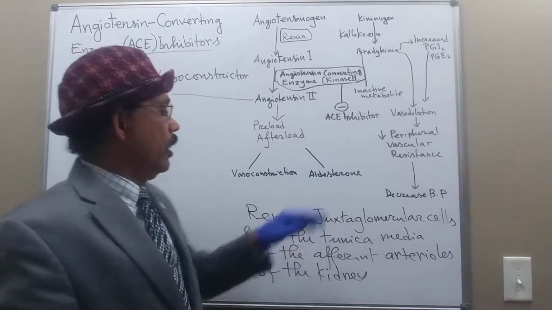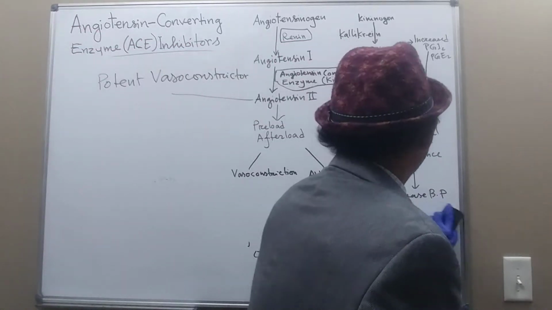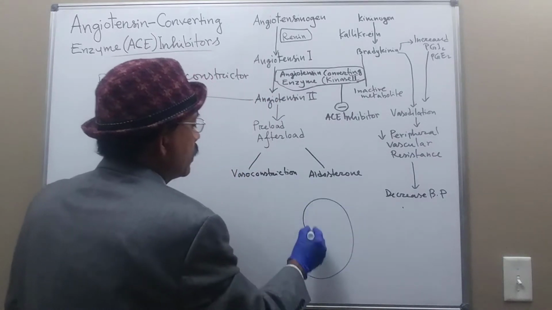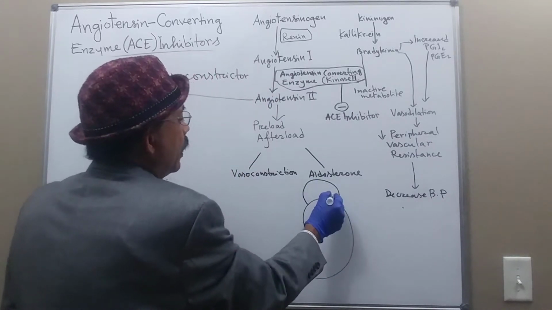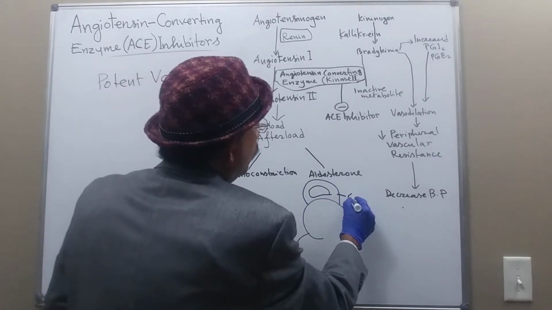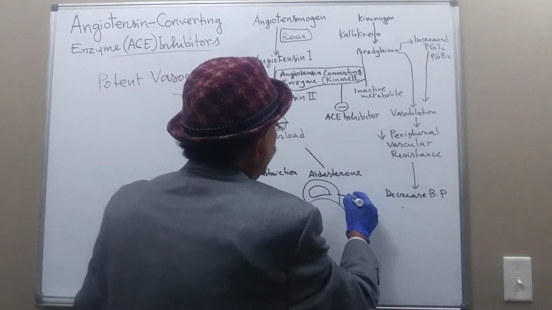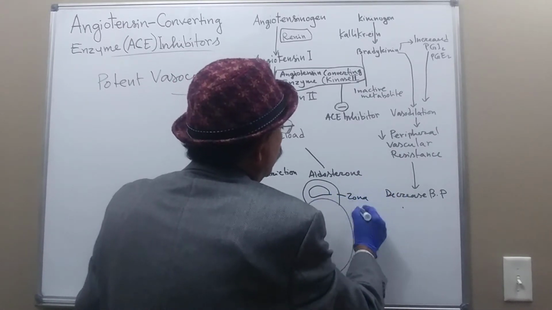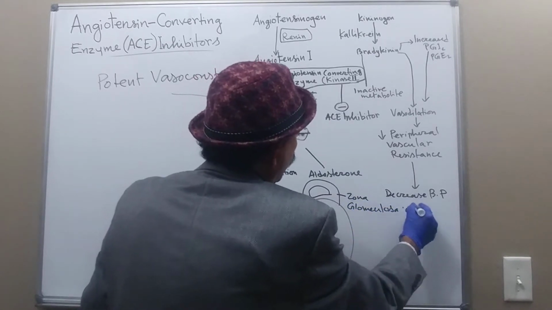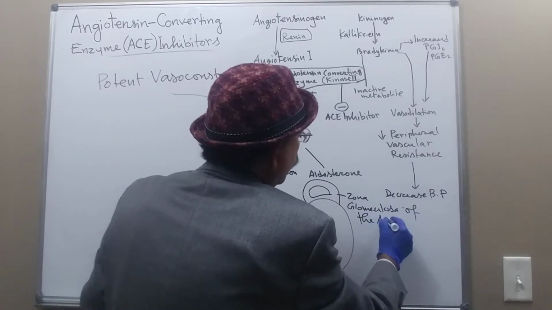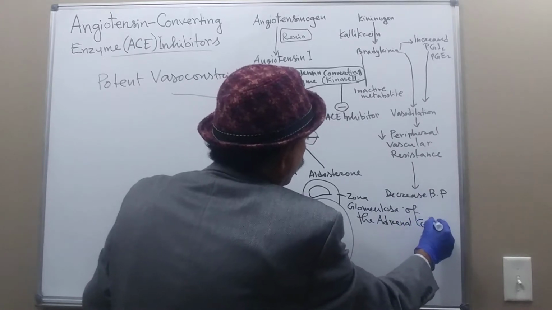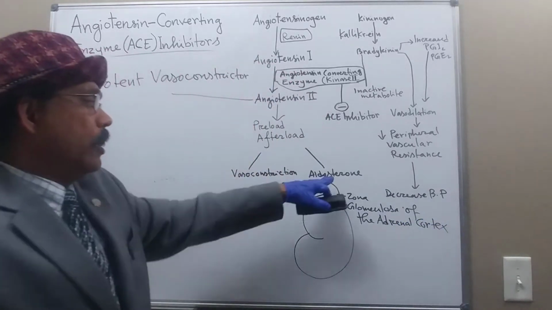Aldosterone is a hormone that comes out from the adrenal cortex. This is our kidney here, this is the adrenal gland, this is the adrenal medulla and adrenal cortex. From the zona glomerulosa of the adrenal cortex we get the aldosterone.